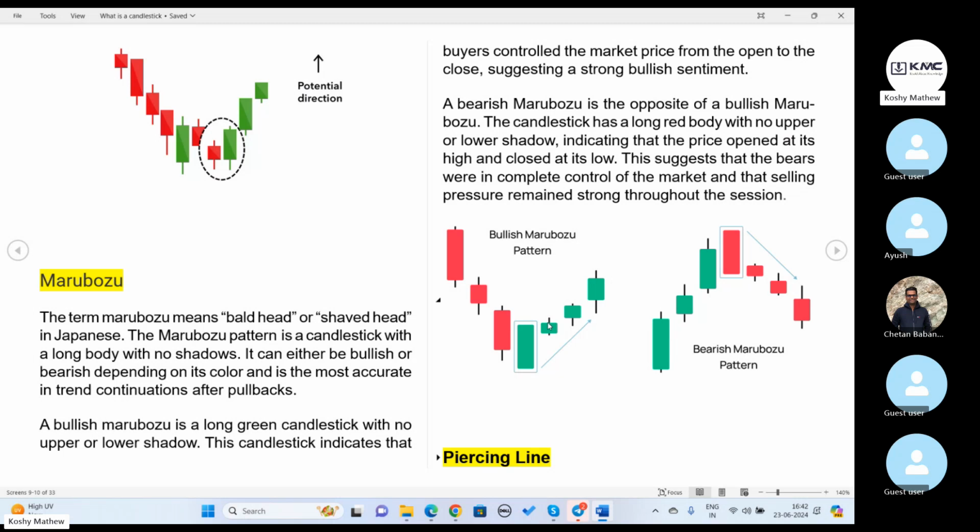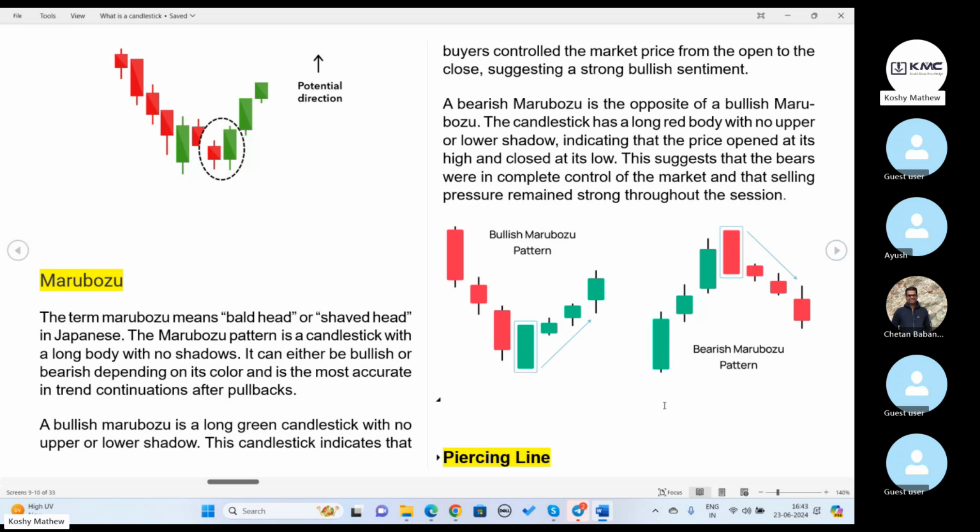But for all other candles, it is very clear that it has to be green for an upside and red for a downside. For a Marubozu, whenever green happens, it has to happen at the bottom of the market, when the market was falling down. For a bearish Marubozu, the market went up, up and up, and you see a red Marubozu. That's when you decide to go in the opposite direction. You go short. Clear? Any questions?